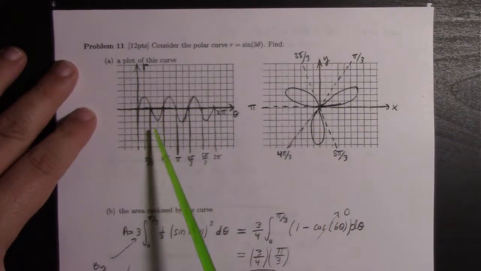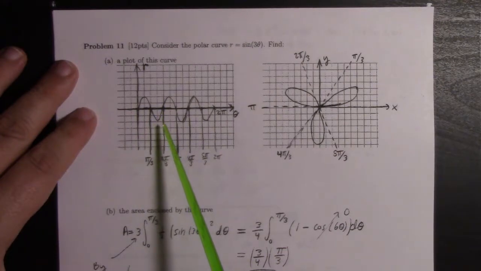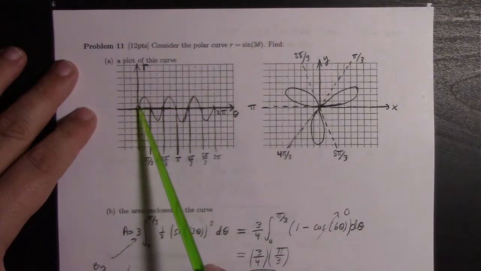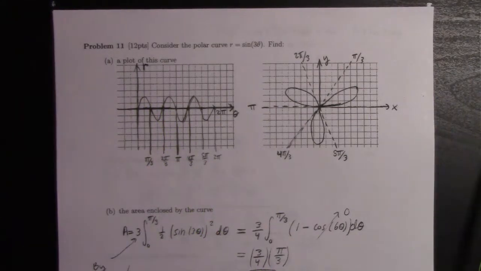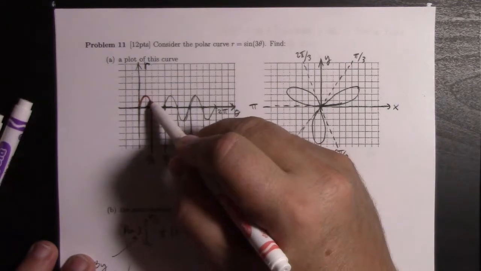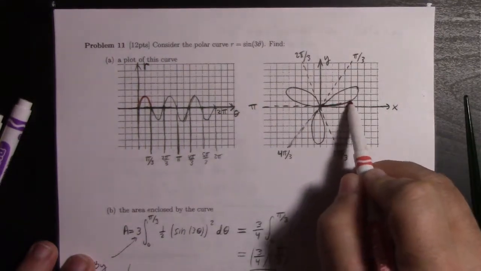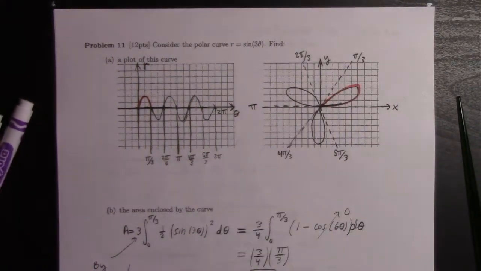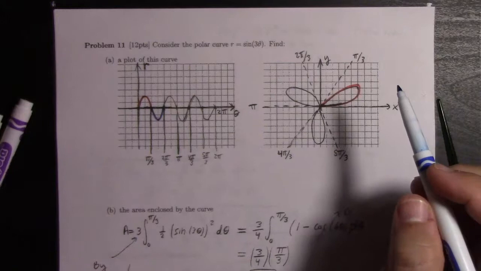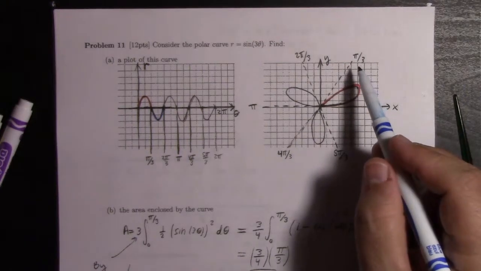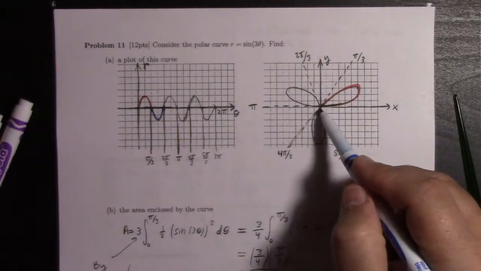From 0 to pi over 3, basically this piece right here gives us this loop. And then from pi over 3 to 2 pi over 3, we have a negative, which is giving us this loop down here.